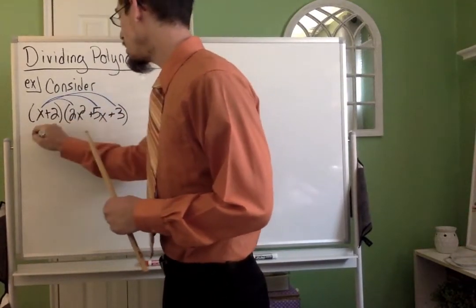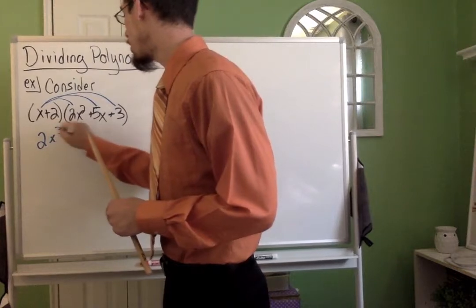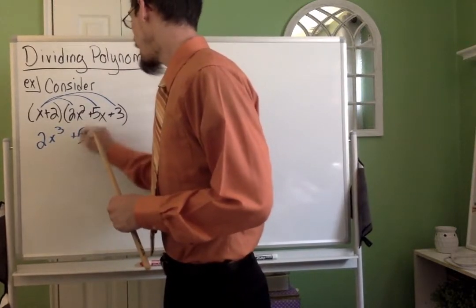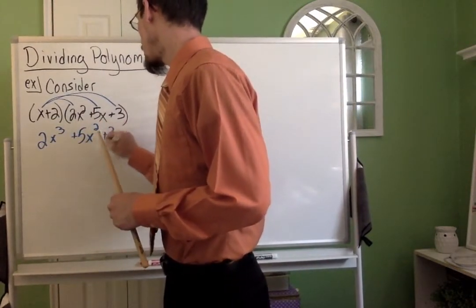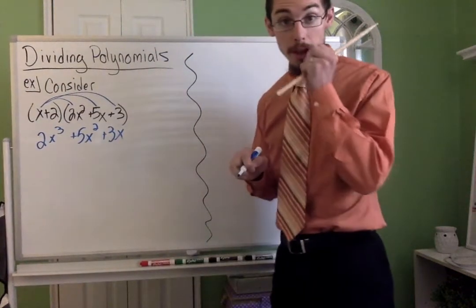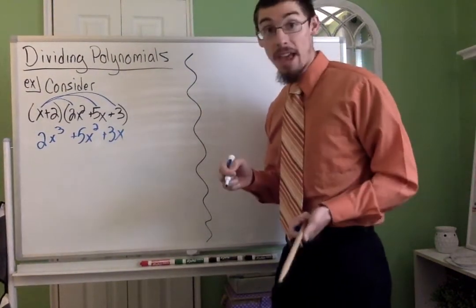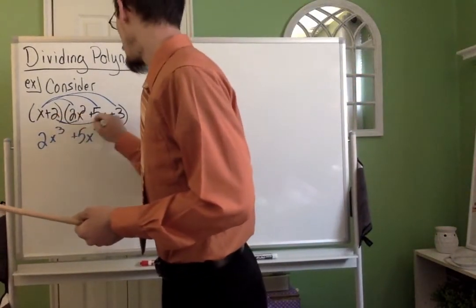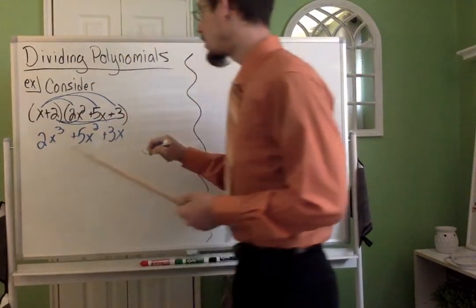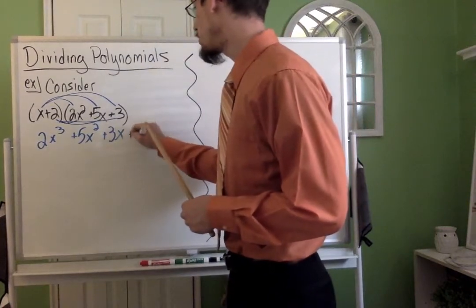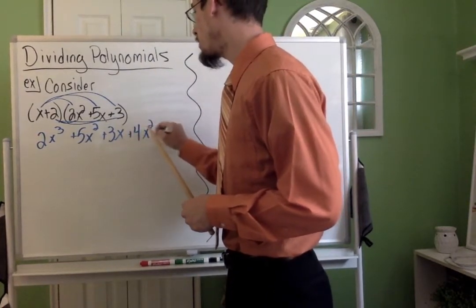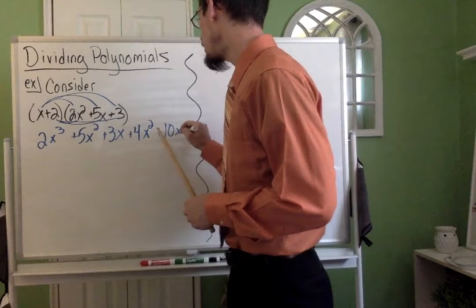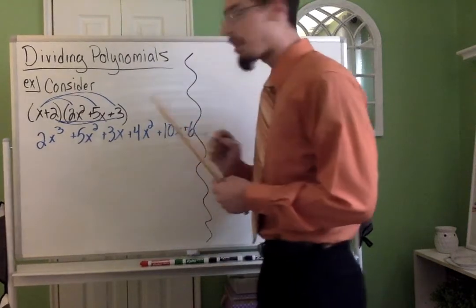That's going to give me 2x to the third plus 5x squared plus 3x, right? And then you distribute the 2. So that's going to give us plus 4x squared plus 10x plus 6.